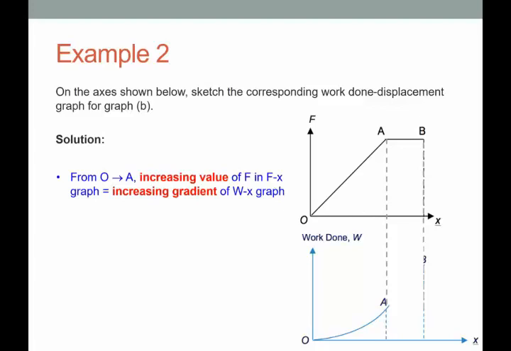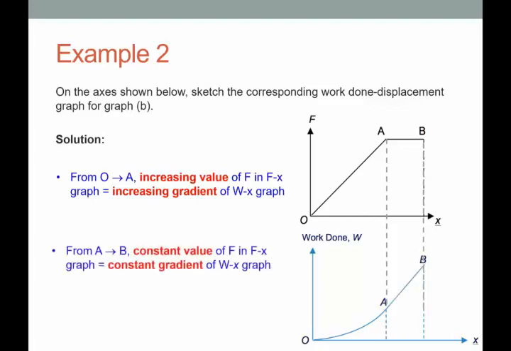This is equal to the increasing gradient of the work versus displacement graph. From A to B, the force is constant in the force displacement graph. In the work done versus displacement graph, you will have a constant gradient from A to B.